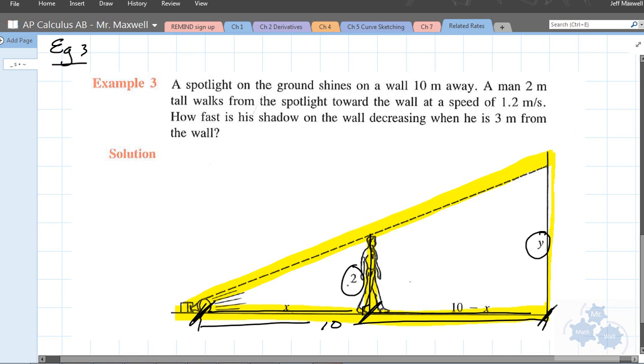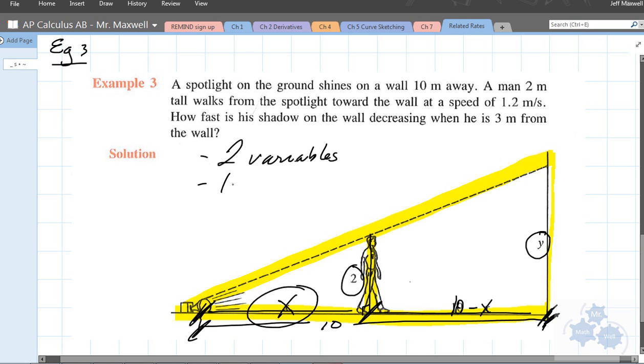So y is one of them. You've got to make x something else. And if you're given that this is 10 meters away, make one of these sections x, and the other one 10 minus x. So it's important to set up your diagram so that you have two variables.